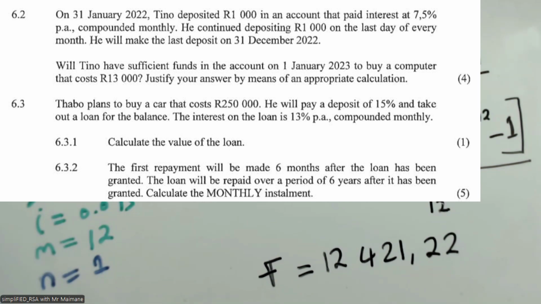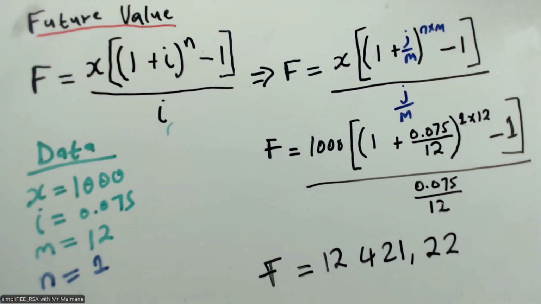In fact, he is short of 13,000, which, to be accurate, he needs 578.78 more to reach 13,000. So the answer is no. By January 2023, Tino wouldn't have enough money to afford the computer.